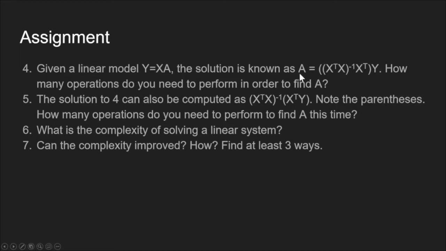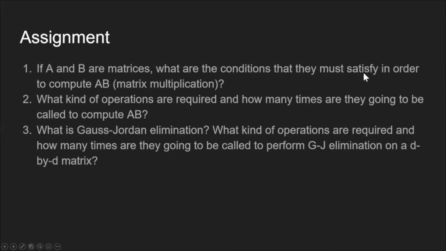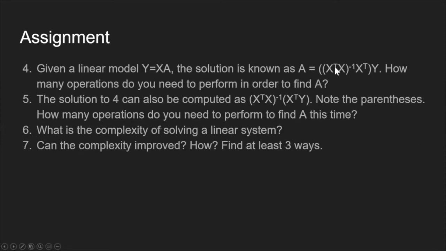Now, in order to compute a, okay, how many number of operations do we need to perform, right? And the hint here is that from question number 2, we have already talked about how many number of multiplications we need to do in order to compute A times B, right? So X transpose X is kind of A times B, right?